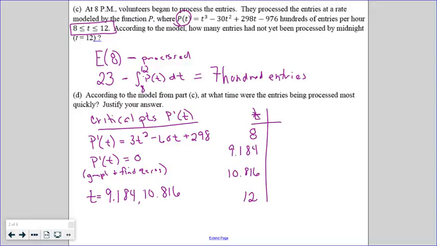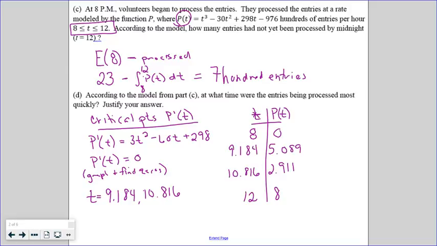We find those from the derivative, but ultimately we are trying to find the maximum, right? The most quickly of our rate formula, which is P of T. So I would go plug these into P of T, and these were the values I got. 0, 5.089, 2.911, and 8.